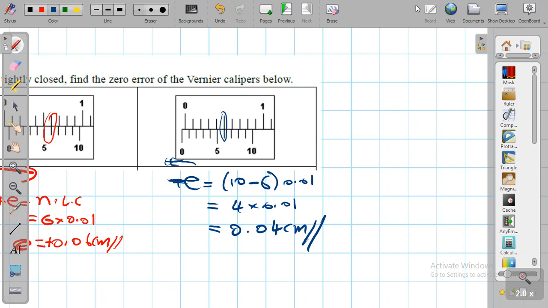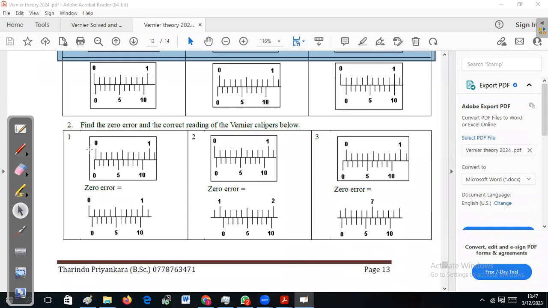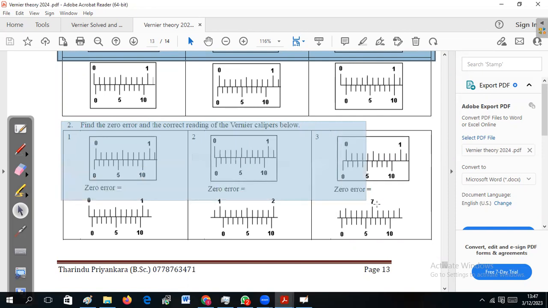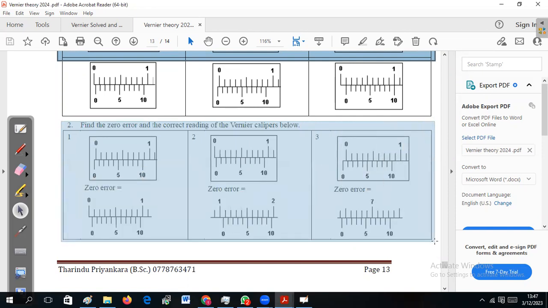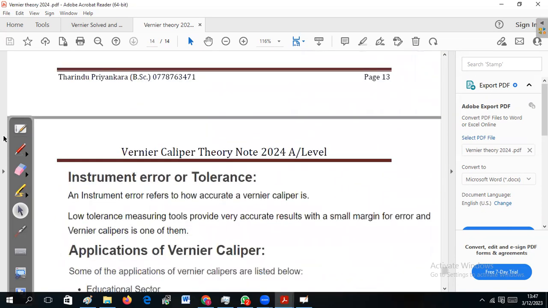Right, good. Let's move on to this one. This one is extremely important. You have to find out the error, find out the reading, and the final answer also.